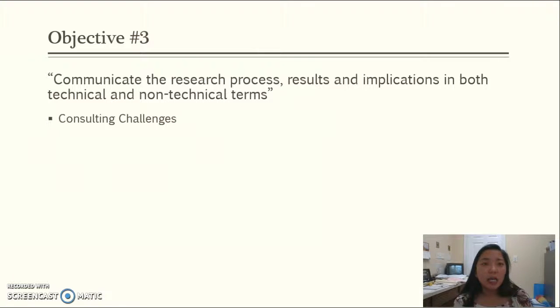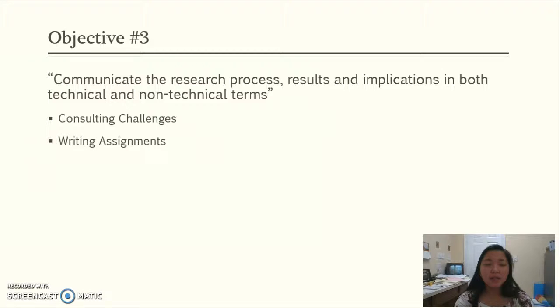As Dr. O'Malley said, it's strategic interpreting, I think, and I got some great practice with the consulting challenges, because when you're doing the writing assignments and the data analyses in Jamovi, you get the technical terms stuck in your head, and the job of an IO psychologist is to be able to interpret this information to a person that doesn't necessarily know a lot about statistics. And I look forward to doing that in my career.